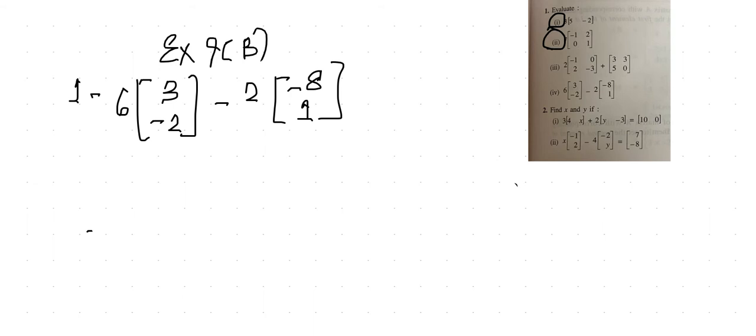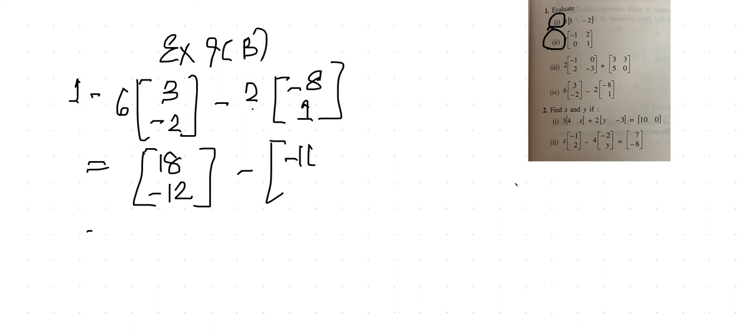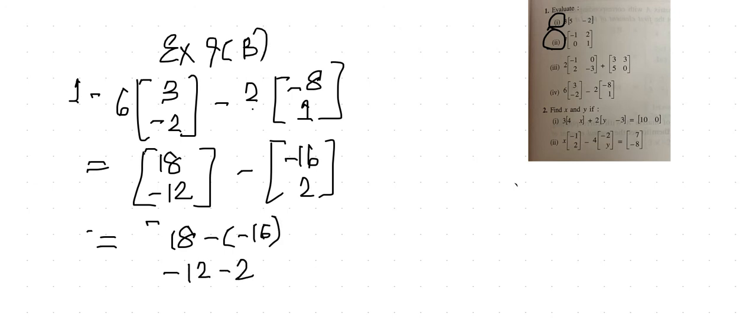So what you will be writing now is that this is equal to 6 3s are 18 and then minus 12. Okay, and this is minus, so 2 into minus 8 is minus 16 and then this is 2. So this will be equal to 18 minus minus 16 and minus 12 minus 2.